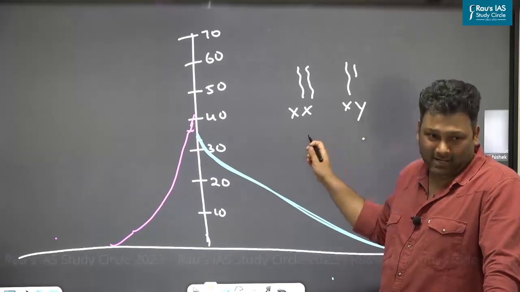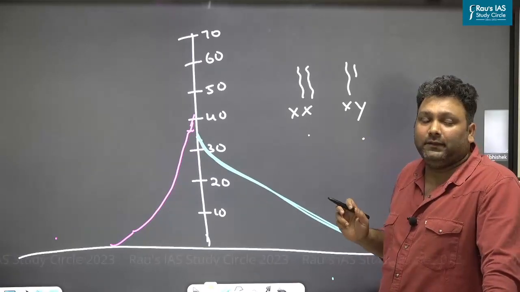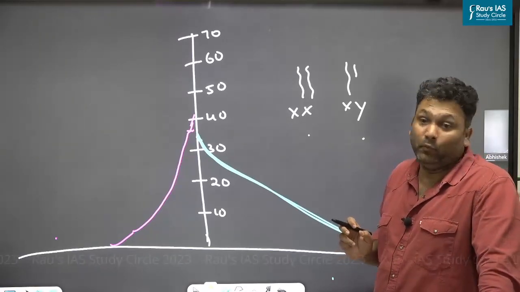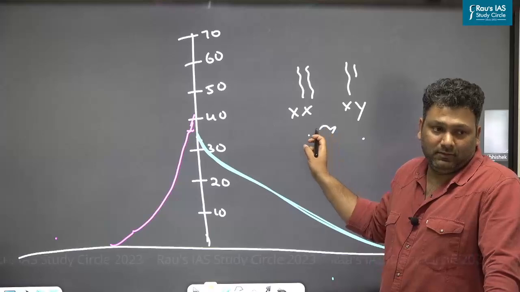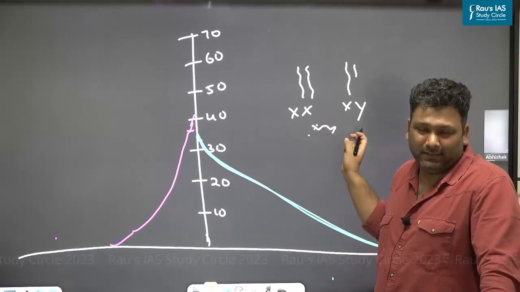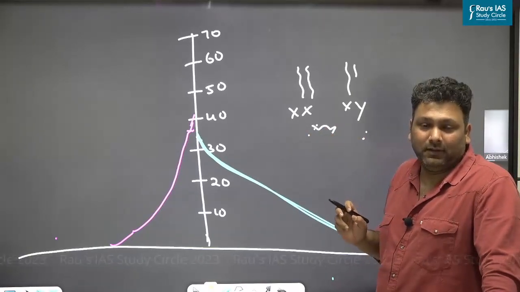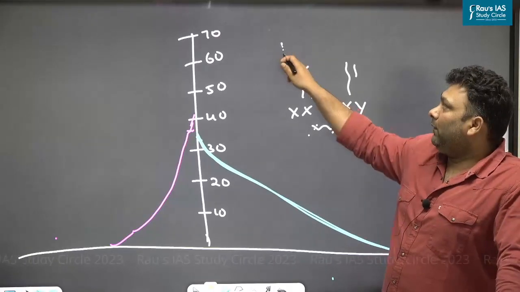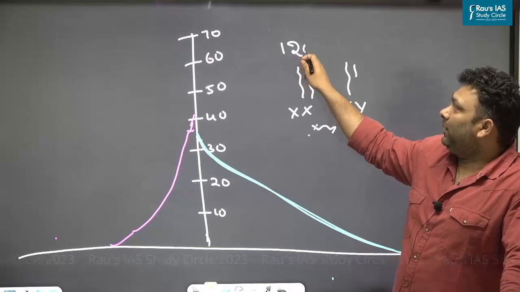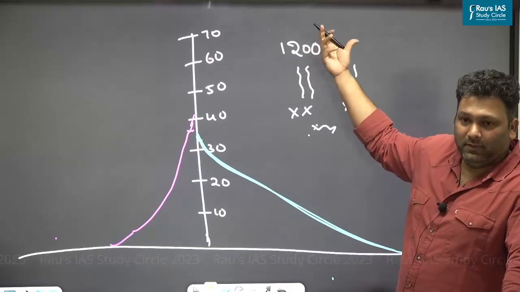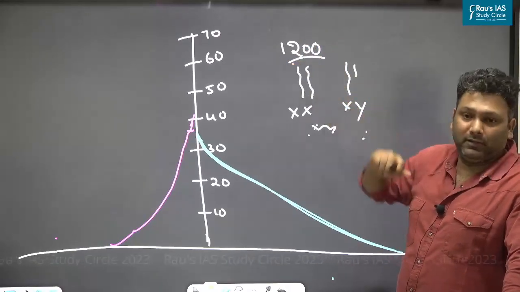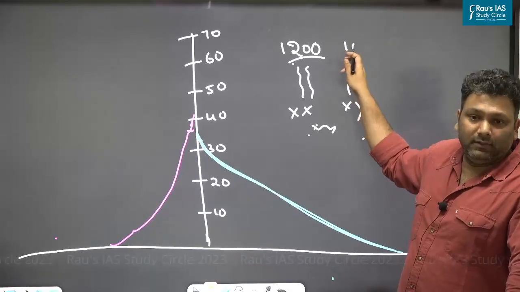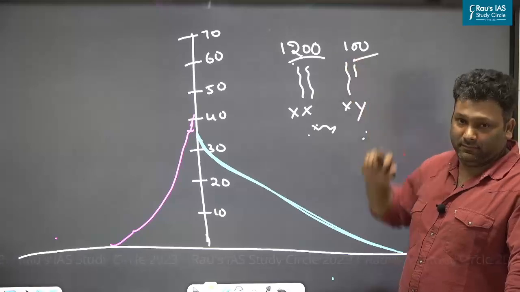Here it is high. And given a chance, if you're not discriminating between male and female at birth, there should be more female born than as compared to men. That's why if you see the societies where there is no gender discrimination, for 1,000 population, take a sample, you'll be having 1,200 girl child as compared to 1,000 male child. You have a healthy sex ratio.